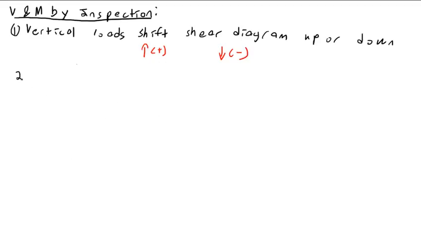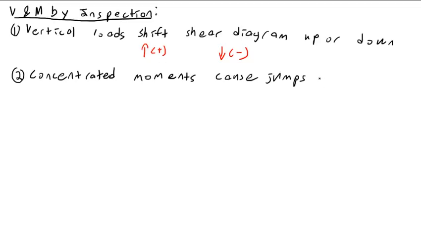Two, concentrated moments cause jumps in the moment diagram. So in other words, external moments applied to the structure or to the beam cause jumps in M, in the moment diagram.